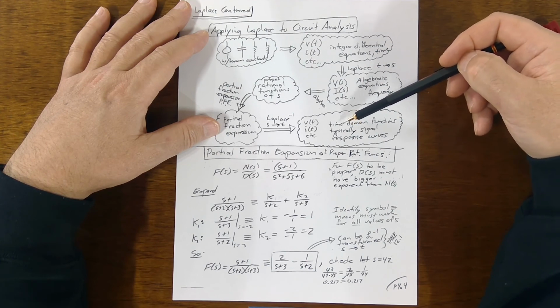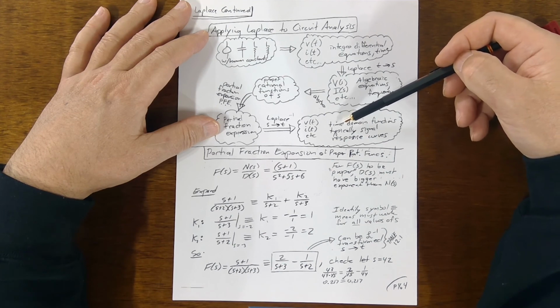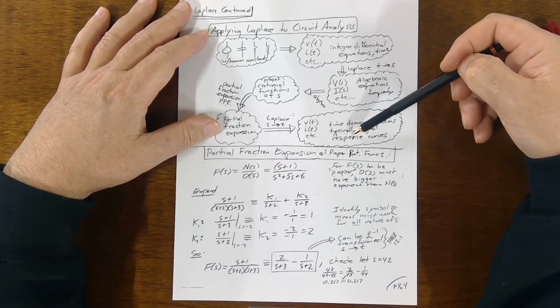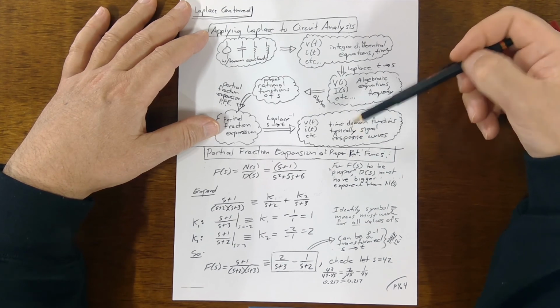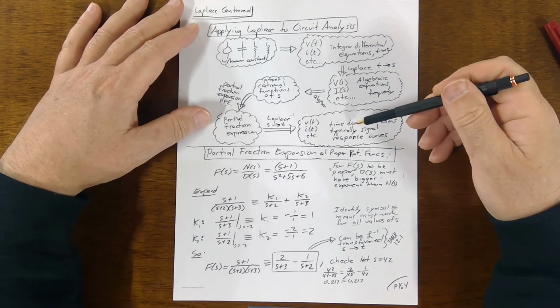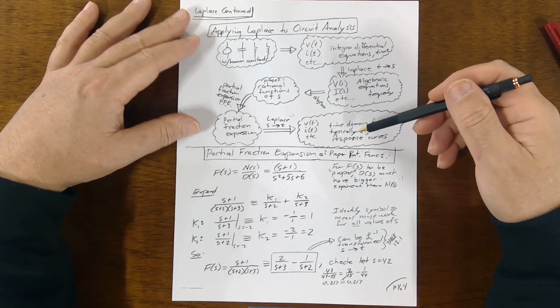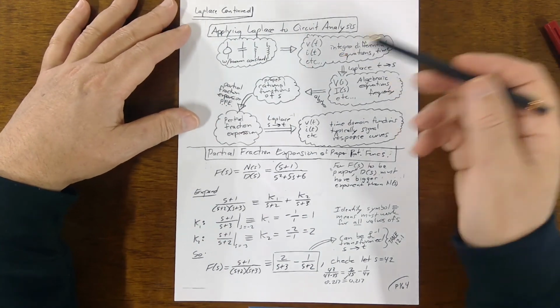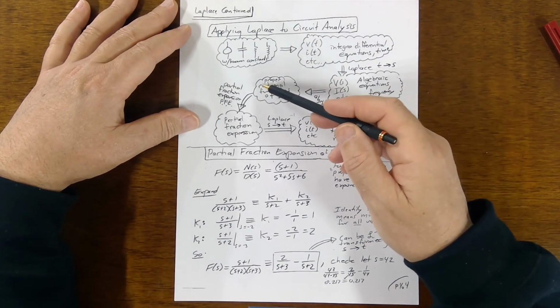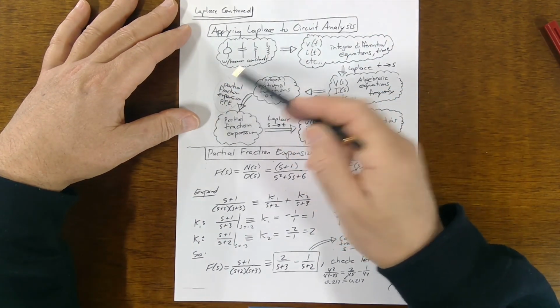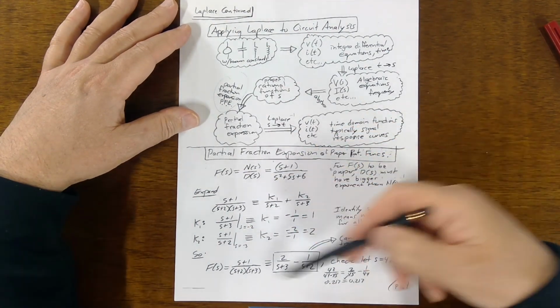They're just time domain signals showing what the V's and the I's are doing with time. That's what we're interested in, not so much the derivatives and integrals. The biggest part of the algebra is this PFE business, which I'm trying to explain down here.